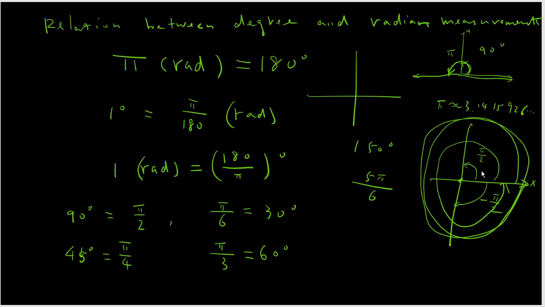Negative 180 degrees, you rotate the initial side around the origin clockwise by 180 degrees. This angle is negative 180 degrees, which in terms of radian measurements is negative pi radians. You do not have to write radians.